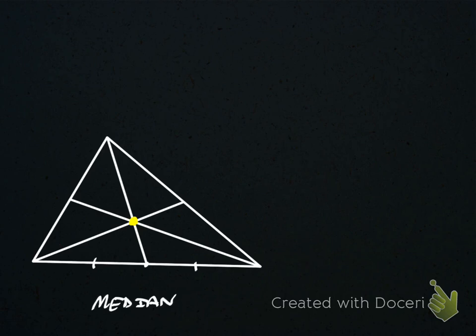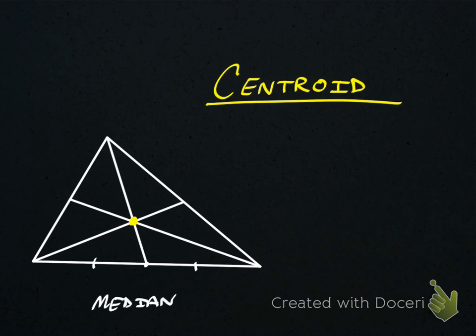And that spot, this is probably my favorite name, is called the centroid. And the centroid of a triangle is where the medians of a triangle meet.